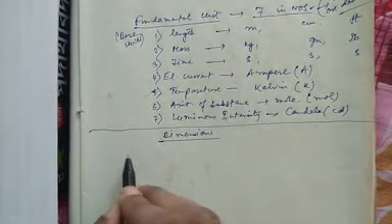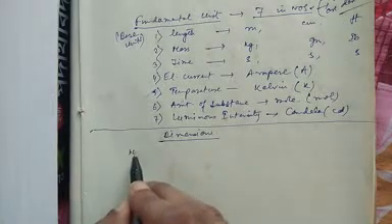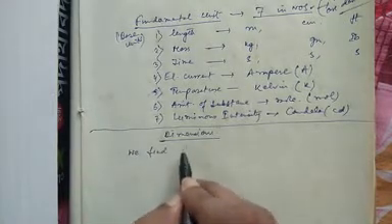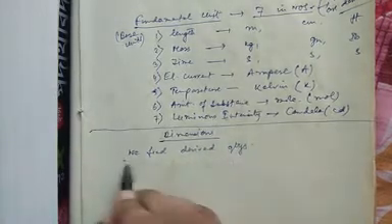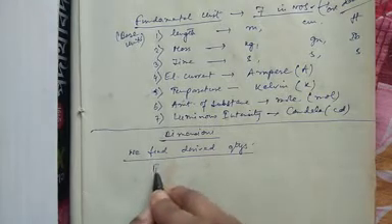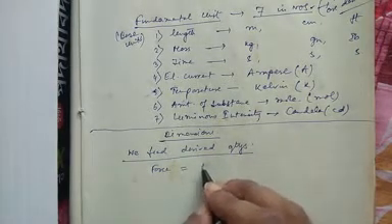Suppose we have to find the dimension of, we find dimensions of derived quantities and not fundamental quantities. Suppose the dimension of force. First we have to know the definition of force. What is it?